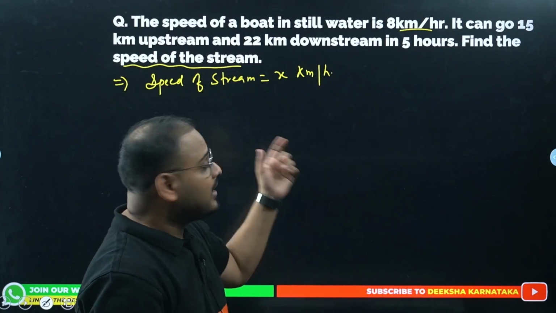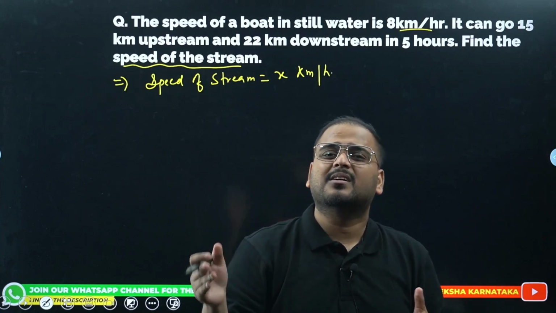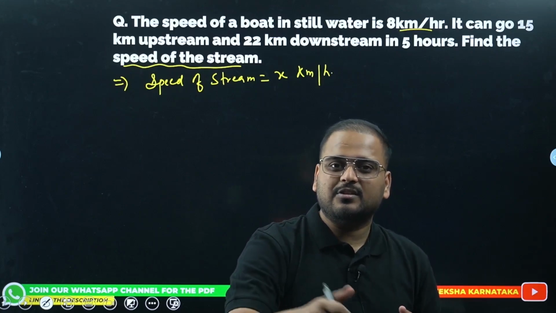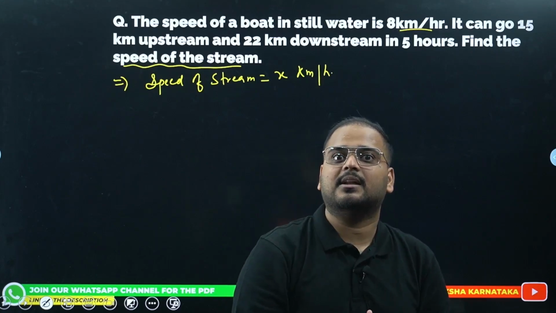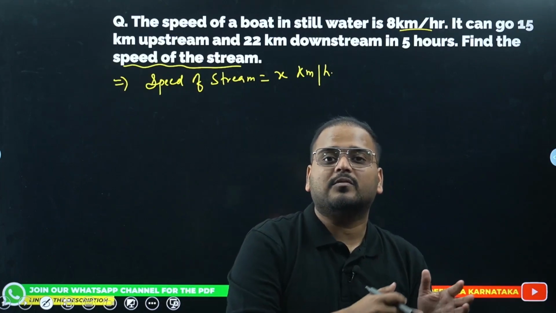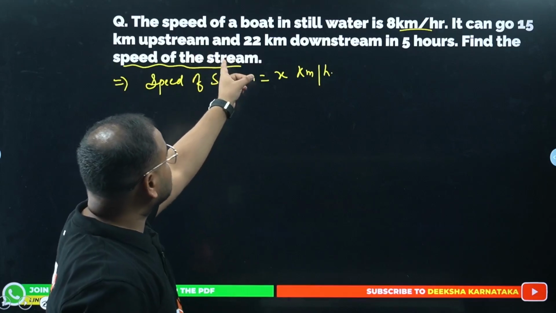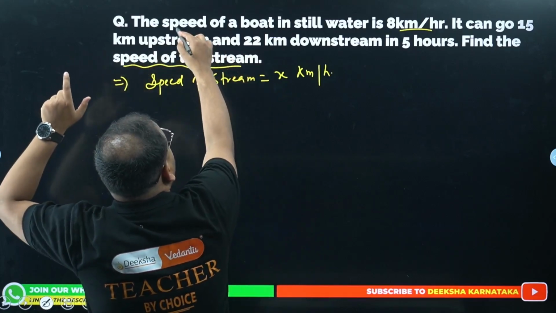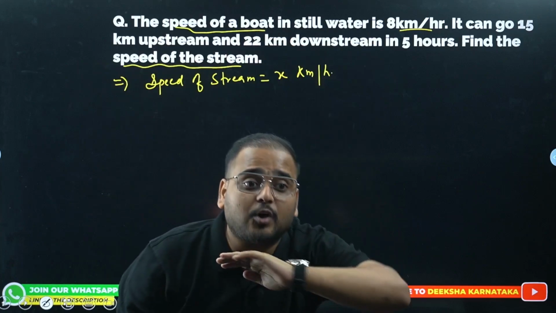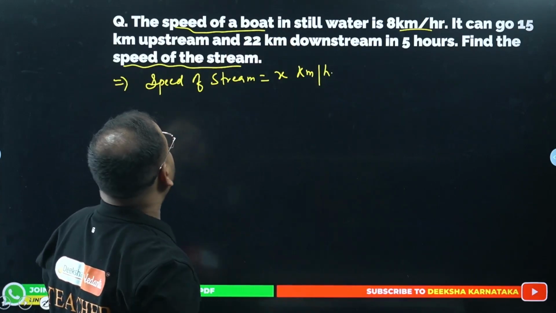Sometimes in the summer it's almost dead; you can't see the water flowing. Like in lakes, water doesn't flow. If it is a lake and a confined space, the water will stay at one place only. So the boat's speed in still water is 8 km per hour when water is not flowing. That is one given information.